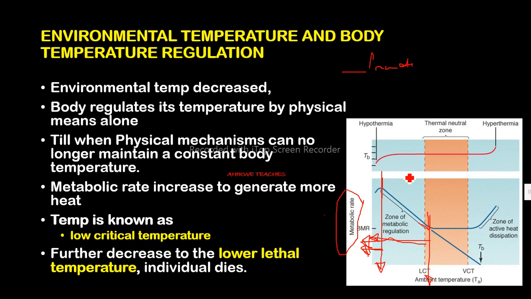So the body's metabolic processes, that is the anabolic processes and catabolic processes, will shut down and the organism will die. Okay? And so that's what we call the lower lethal temperature.